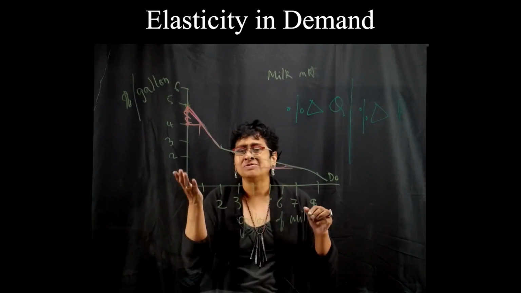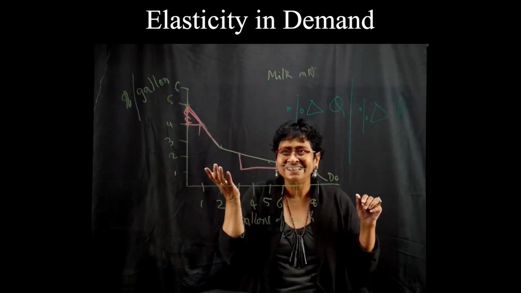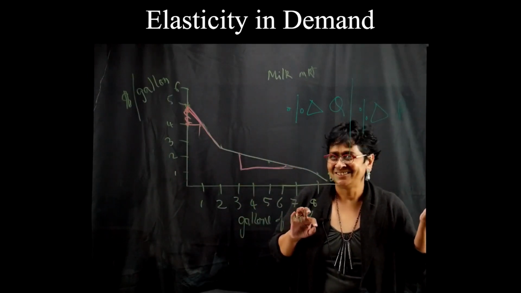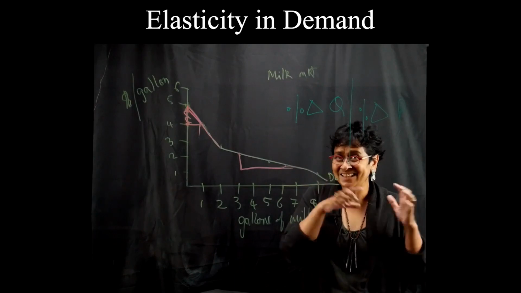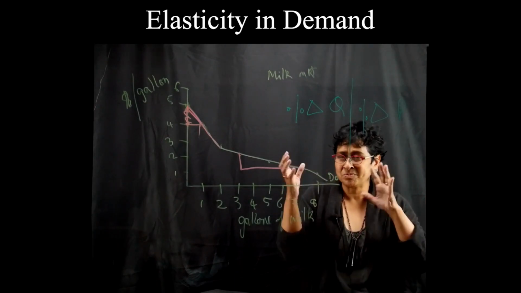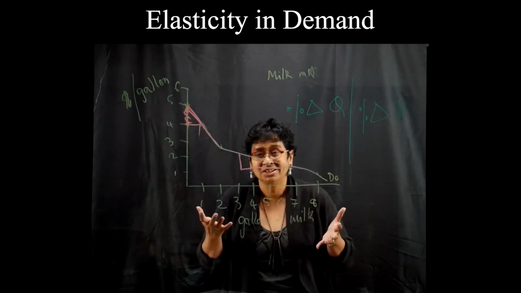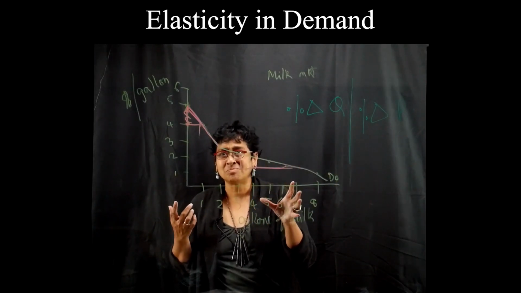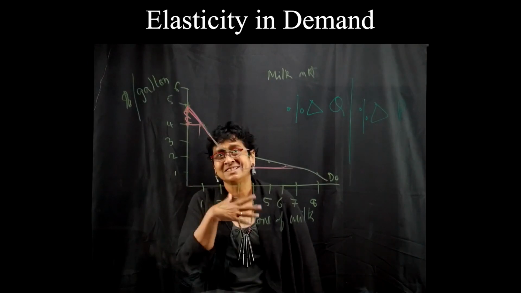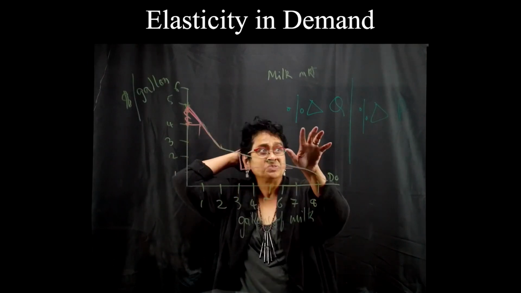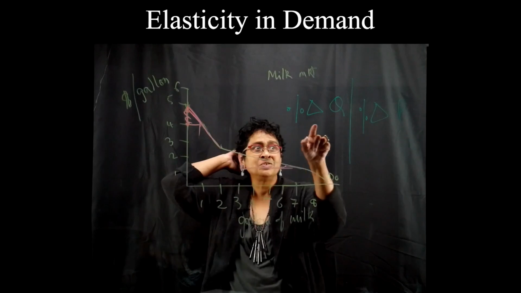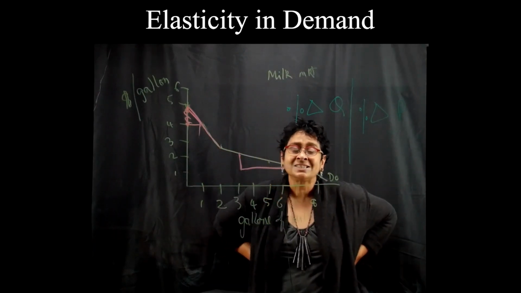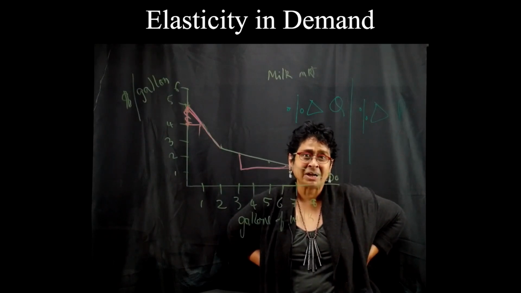Because a change from $5 to $4.90 is not a huge change, but a change from $1 to 90 cents, even though it's the same 10 cents, is pretty big, because as a percentage of prices, that's a huge change. A change from buying 5 units to 6 units is not that much, but a change from 1 to 2 units is a doubling. So we are going to look at it through percentages, in relation to where we began and how much things are changing. Elasticity is a concept we're going to come back to later.